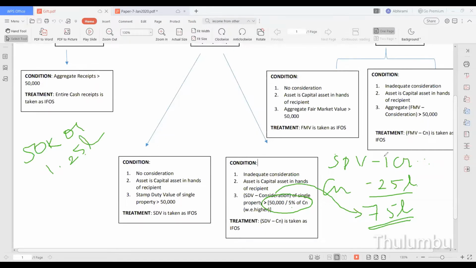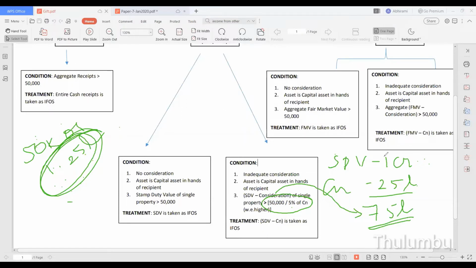Of these two amounts, find out whichever is higher. So 1.25 lakhs is higher.